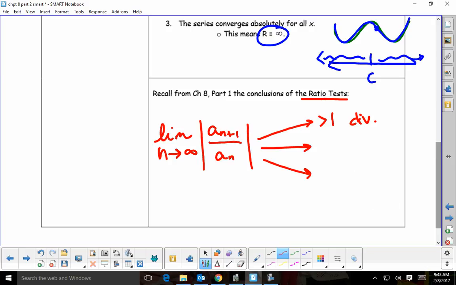I could get that I am less than 1, which means that I absolutely converge. Or I could get that I equal 1 and we have no idea. This part right here is going to be a big concept that we're going to get into more because we don't know what happens when it's a 1.